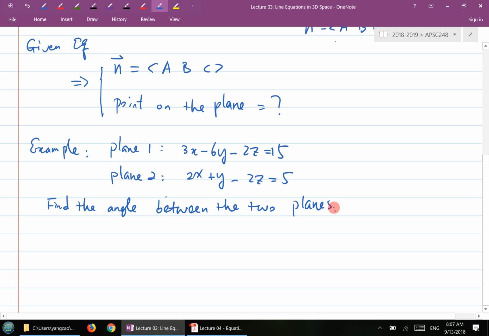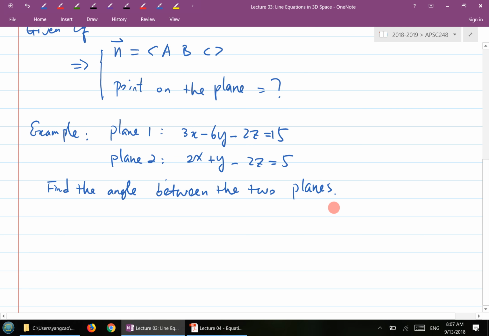But that does bring up a question here. If I give you two planes, what would be the quickest way to determine the geometric relationship between these two planes in 3D space? Let's think about it.